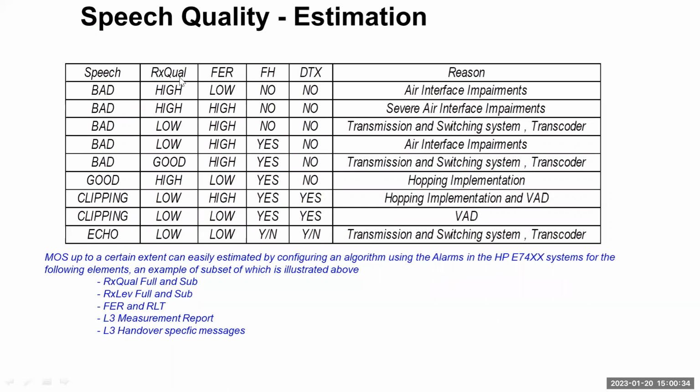First parameter is RX quality, second is the frame erasure rate, third is frequency hopping, and fourth is discontinuous transmission. If the RX quality is high and FER is low, and there is no frequency hopping and no DTX, that means there is a bad speech problem.